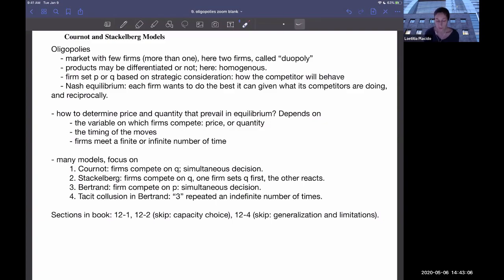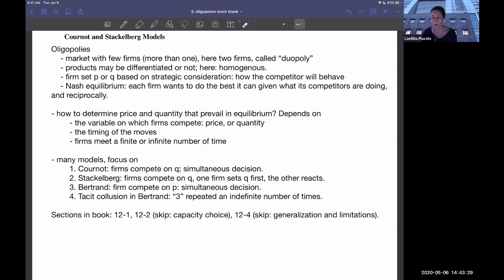The second parameter that's going to play a role is the timing of the moves. We're going to start with a scenario in which firms decide simultaneously the quantity or the price they want to set. They're going to decide at the same time.